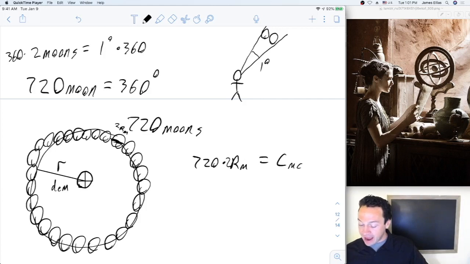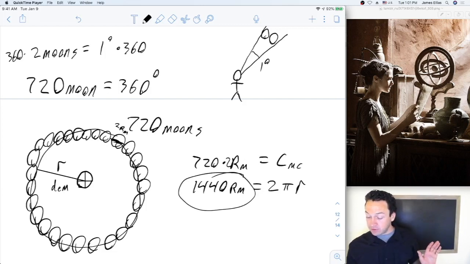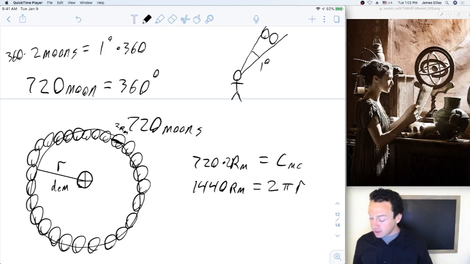So let's work out the math. It's 720 times 2, which is 1440. 1440 times the radius of the moon is equal to 2 pi r. Because remember, this is the circumference of the moon circle, and that's the formula for circumference, right? Okay.